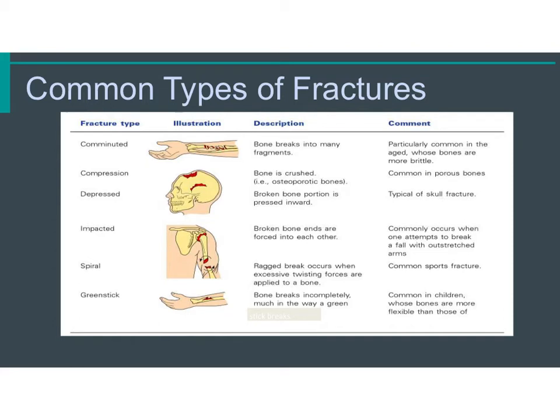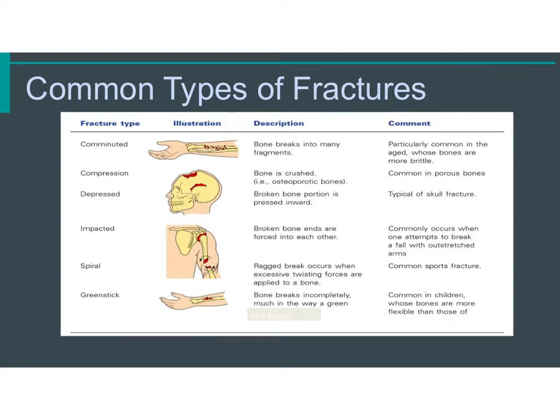There are a few different types of fractures. Many fractures are a combination of types as well. So we have the open versus closed, and then these types as well. So first, we have a comminuted fracture when there are bone fragments. So this is more common in older people where their bones are brittle.